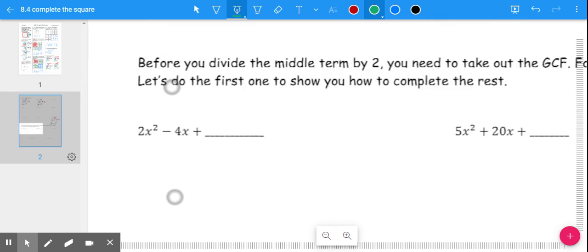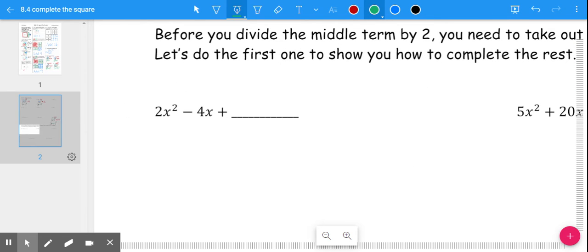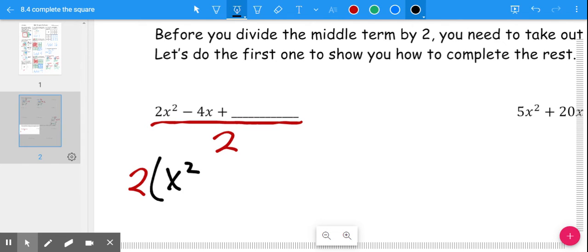So this next section is having you take out a GCF first, show your greatest common factor. So when we look at this first one, 2x squared minus 4x, they have a 2 in common. So we're dividing the whole thing, including our unknown value, by 2. And that leaves us with x squared minus 2x plus an unknown.